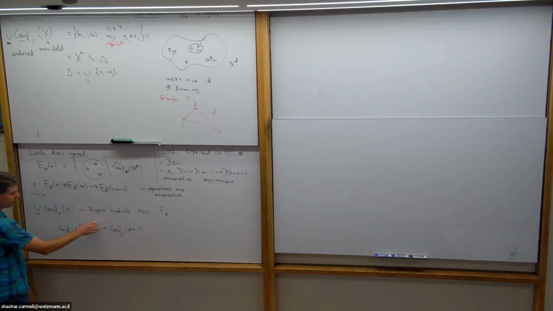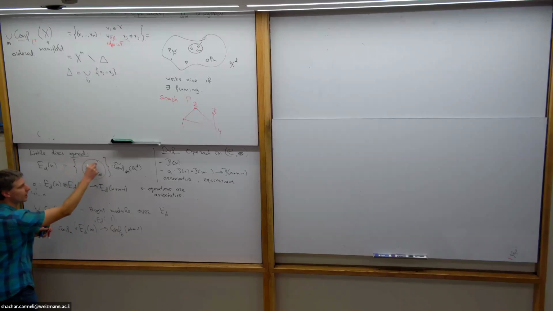And this is associative, meaning that if you multiply it by E_d of something, then you can put brackets either here or here, right? And for the algebra over it, you substitute something in the balls, and you have to substitute it in each place. So the key difference between right modules and left modules is that right modules form an abelian category and the left modules do not.